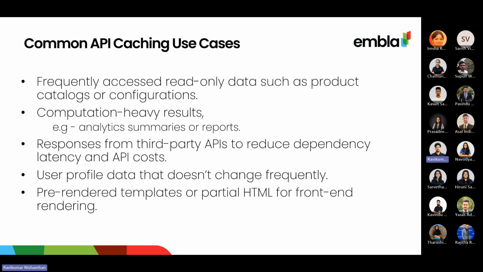So caching them can save a lot of repeated database queries. The second one is computation heavy results, such as generating analytics summaries or detailed reports. So if producing these results requires significant processing, it's far more efficient to cache the output and reuse it instead of recalculating it again and again each time.